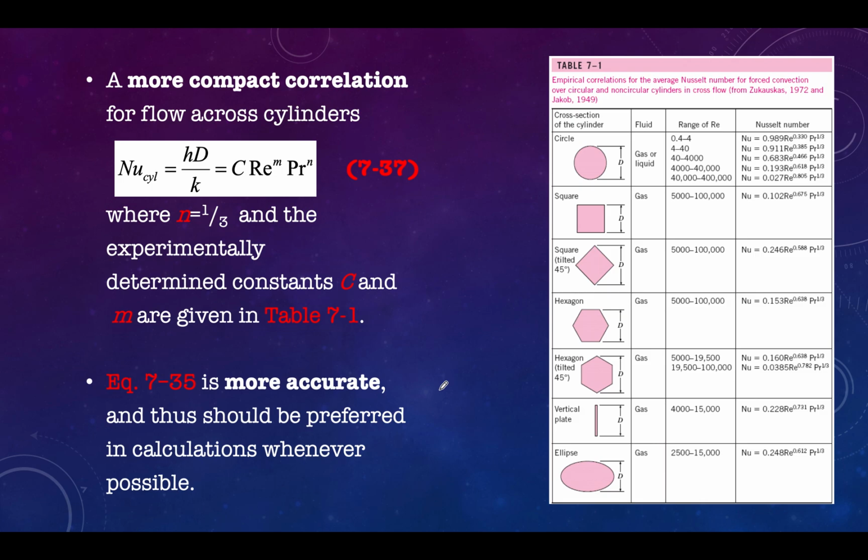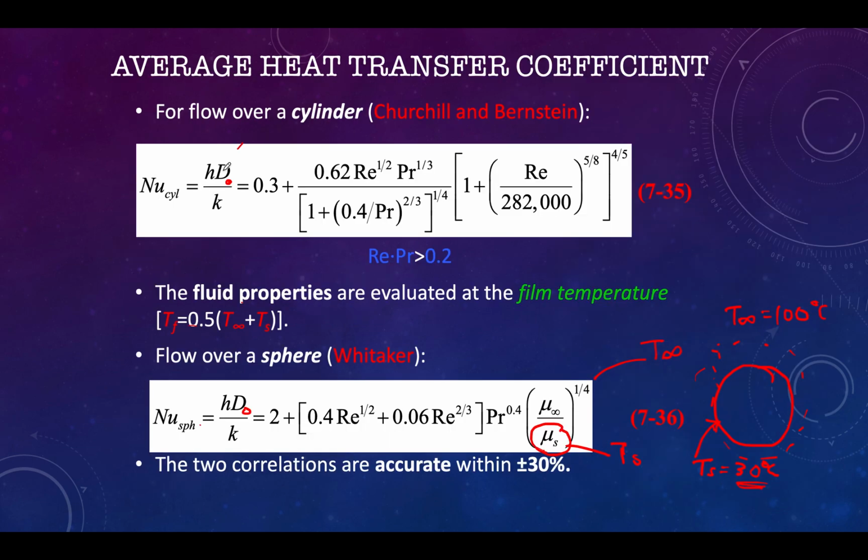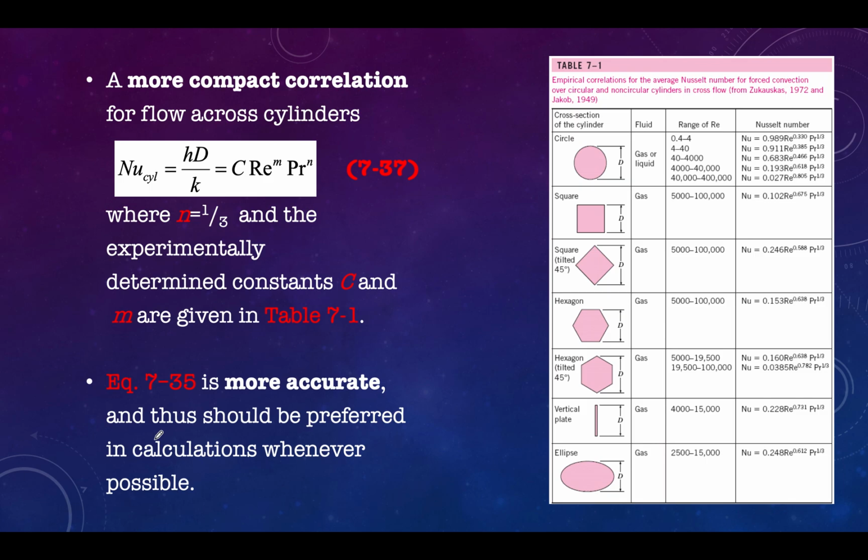A more compact correlation for flow across a cylinder is given by this correlation. Actually, in your questions, normally we will use these two types of equation, cylinder or sphere. The more compact correlations are summarized in this table. As you can see, there are circular and non-circular shapes.